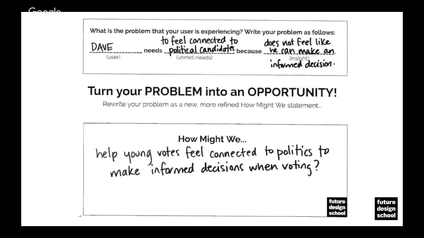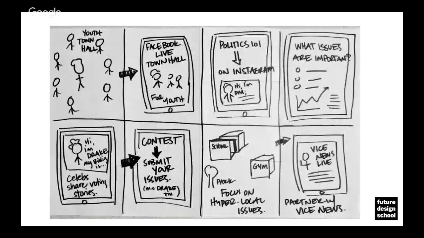You also want to make sure that your how might we question is readily available for you, because this is what you're going to be using to come up with multiple solutions for the problem that you've identified. Just a reminder, our how might we for Dave is: how might we help young voters feel connected to politics to make informed decisions when voting? We are going to be trying to answer that question through ideation.